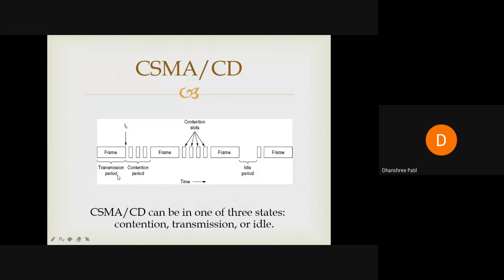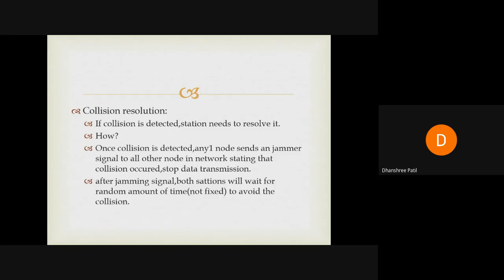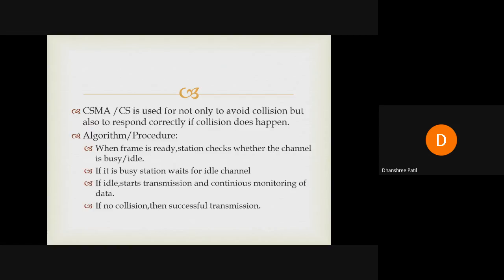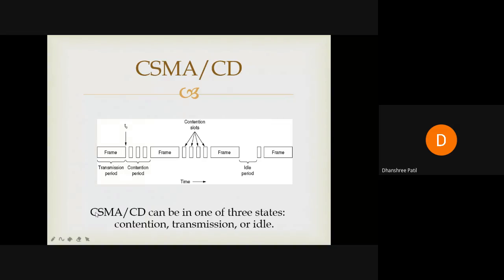So these are the three states while transmitting the frame and detecting collision. We need to remember that when the frame is ready, the station checks whether the channel is busy or idle. If it is busy, what does the station do? If it is idle, what does the station do? Everything is the same. Now just observe here.